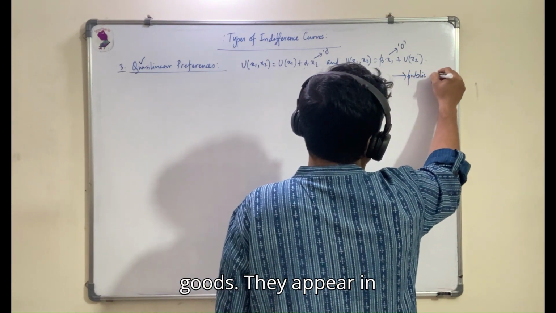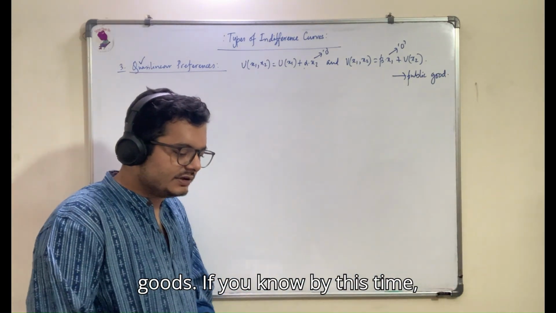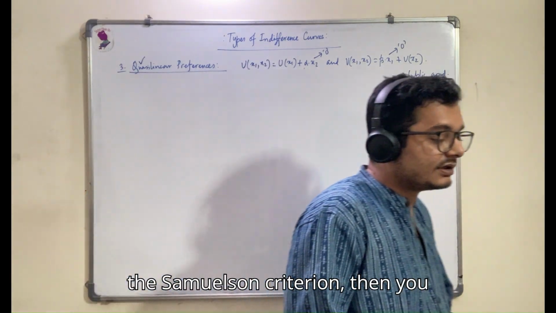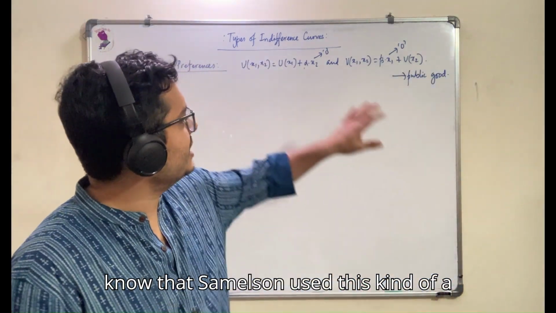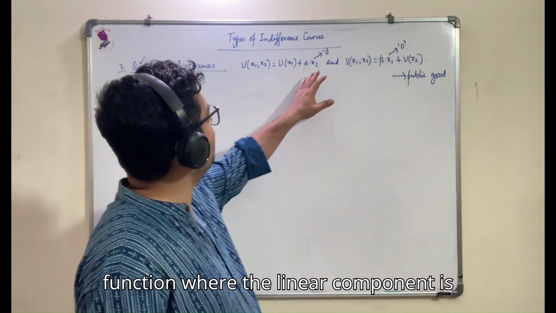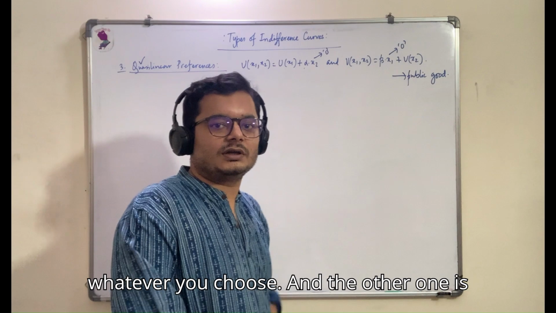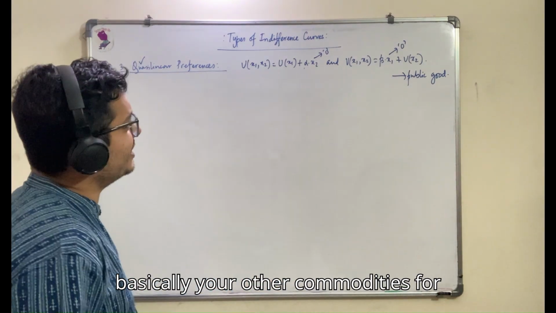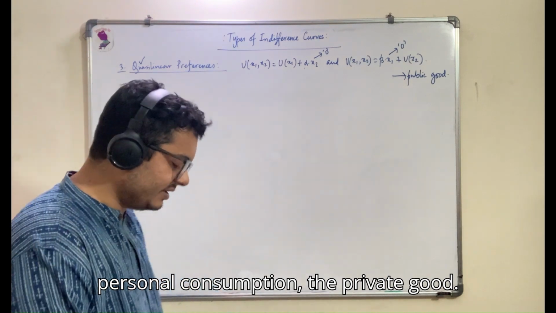They appear in contract theory, they appear in public goods. If you know the Samuelson criterion, then you know that Samuelson used this kind of function where the linear component is the public good, so G2 or G1, whatever you choose. And the other one is your other commodities for personal consumption, the private good.